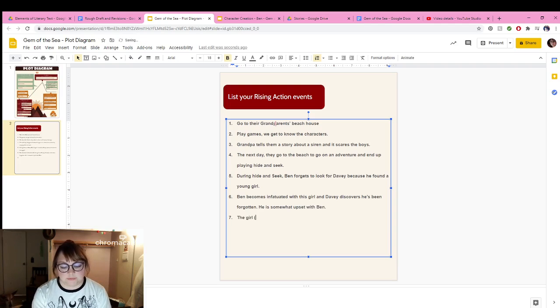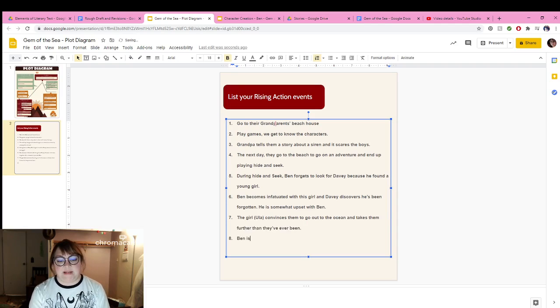The girl, Ula, convinces them to go out to the ocean and takes them further than they've ever been. Ben is fearful for Davy because he doesn't know how to swim well yet.